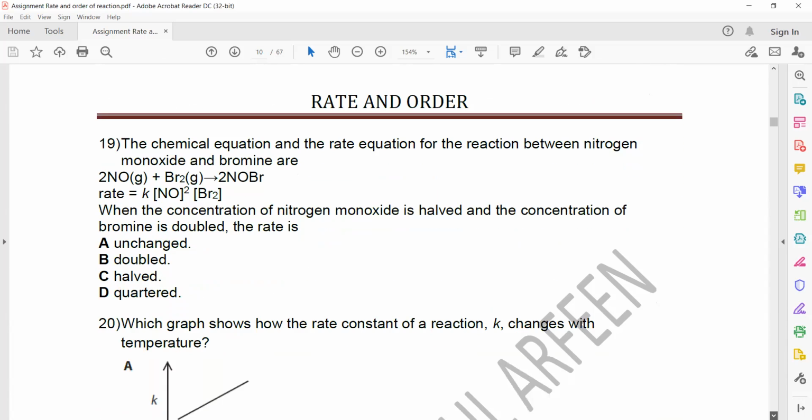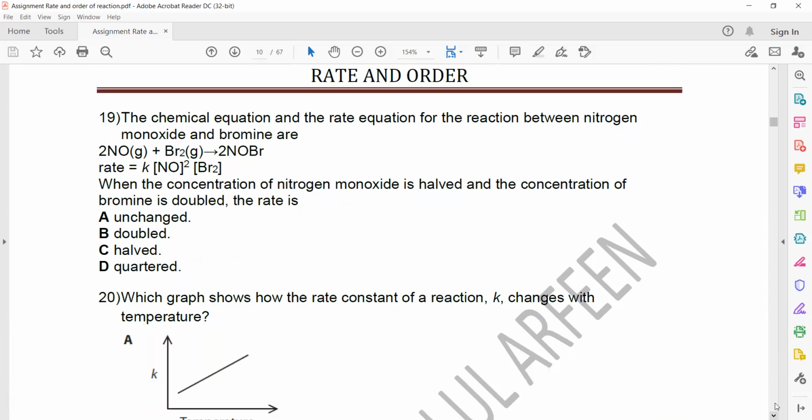Question 19. The chemical equation and the rate equation for the reaction between nitrogen monoxide and bromine are given. When the concentration of nitrogen monoxide is halved and the concentration of bromine is doubled, what happens to the rate?